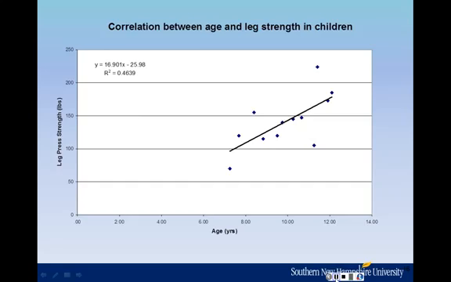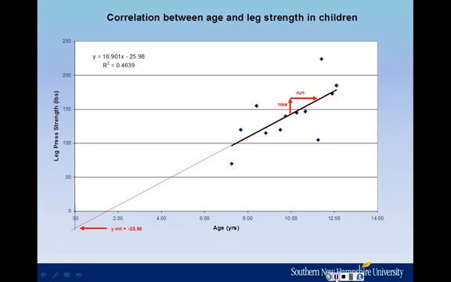If age accounts for 46%, if we add another variable to this analysis, we could see if that r squared goes up. So maybe we can add gender. Maybe gender accounts for some variability in leg press strength. Maybe training status. If someone does a lot of strength training, that would improve or account for more variability in leg press strength.